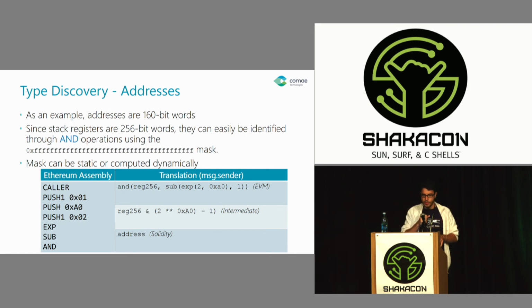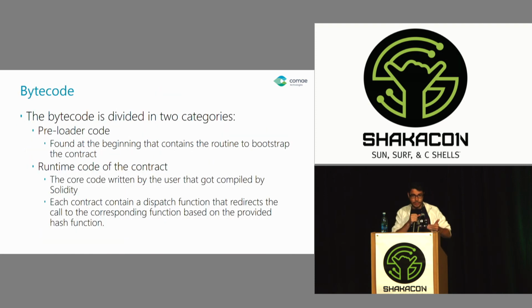And from that, in our decompiler Porosity, if we recognize that sequence of code, we would just mark the attribute of that specific register in the virtual stack as an address based on those parameters, which helps later on when it comes down to going from an intermediate view of the EVM code into Solidity-like source code.